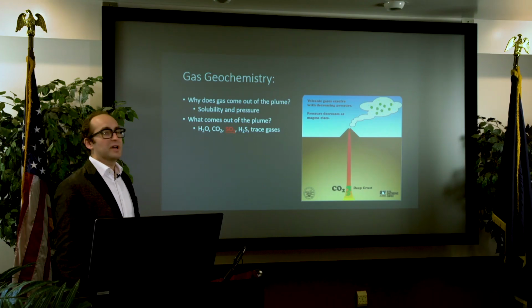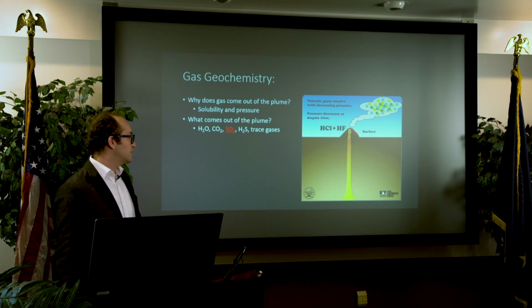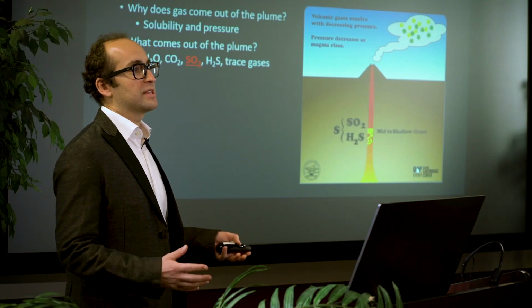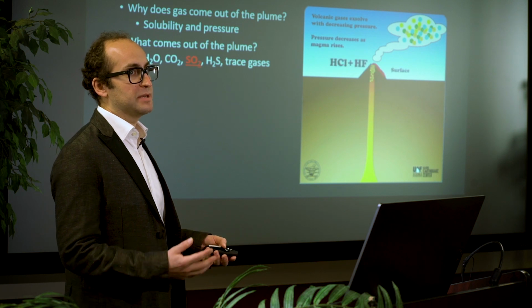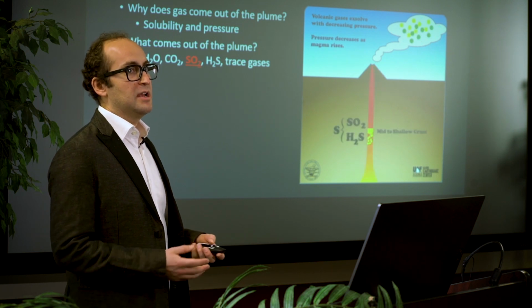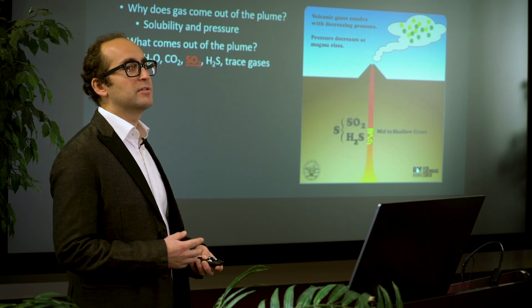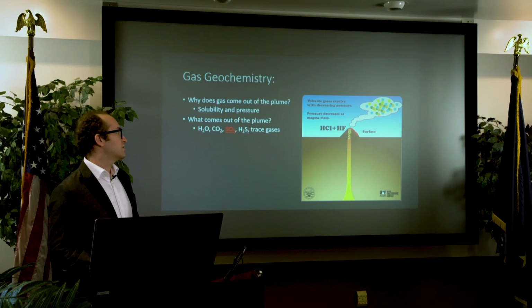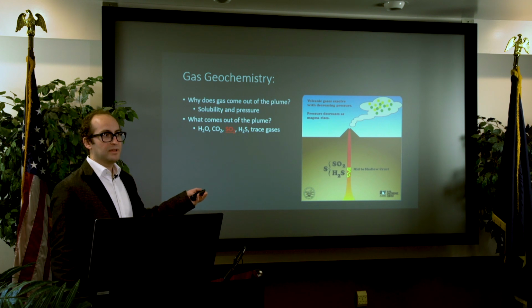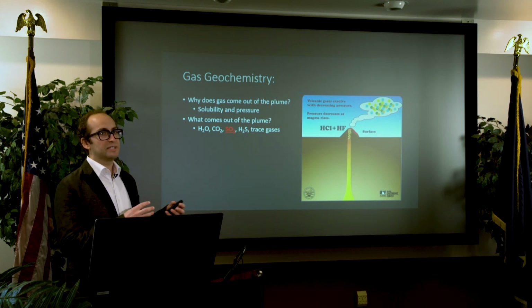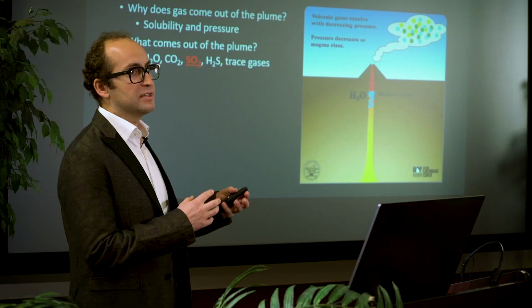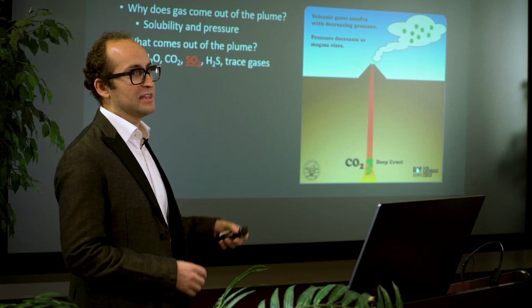So one signal that we might be able to use as volcanologists is if we're monitoring the gases or a specific gas species that comes out of a volcano and we suddenly see a larger amount of it, then that could be an indication that the magma is rising up and a certain species of gas has started to dissolve or separate at that level.